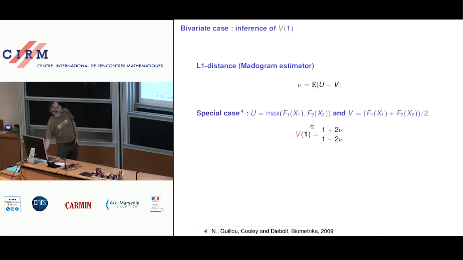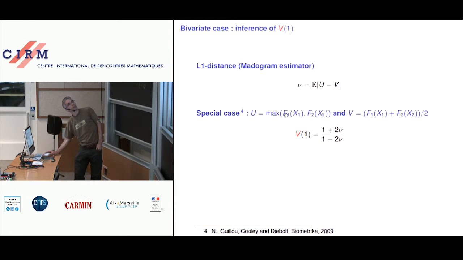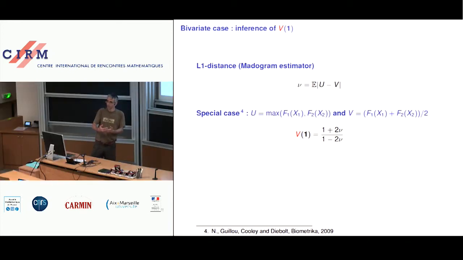I'm going to spend a few seconds to explain why we take F1 of x1: if you apply the CDF to a random variable, it is going to be uniform. So this is always going to be defined, which is good, because sometimes it's not. And if you can compute this mean difference, then you get the extremal coefficient.